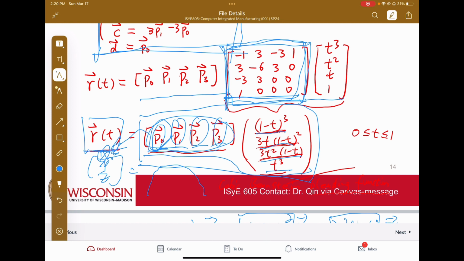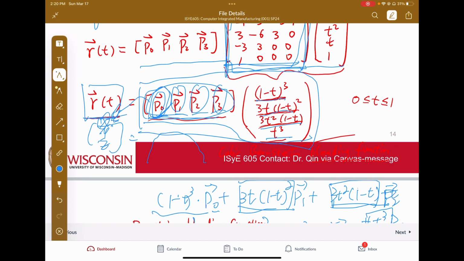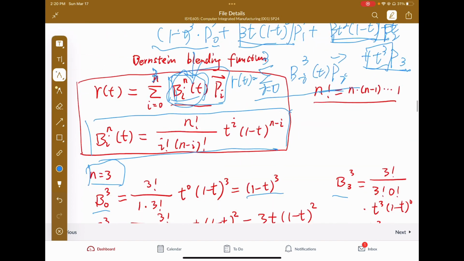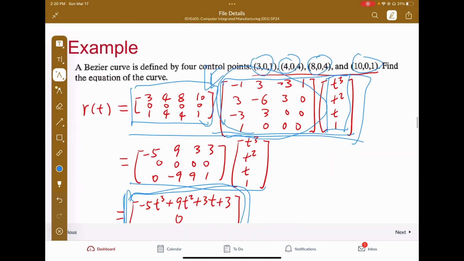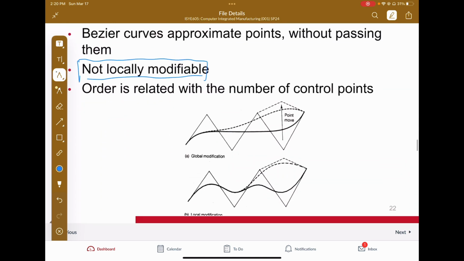That means you cannot locally change the curve. You change 1 point, you change the overall shape of the curve, because x has contribution from all the points, at any t moment. So you cannot do local control. In the figures, it's just like this.